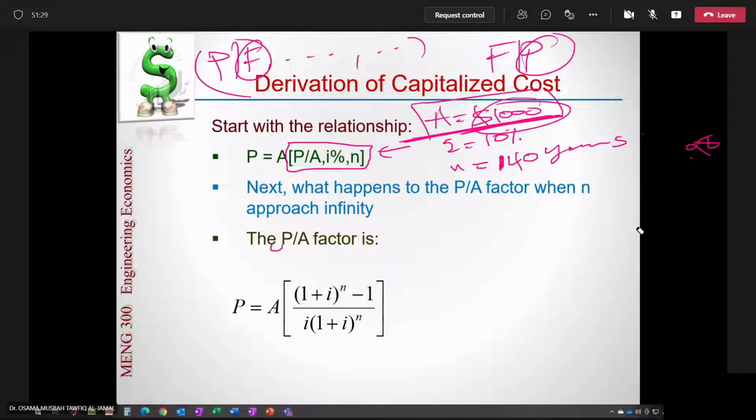Anything to the power infinity will give us what? Sorry to ask you this question. It will give you infinity. So infinity minus 1 divided by infinity, we're not going to get an answer.